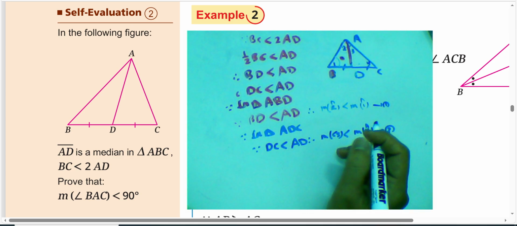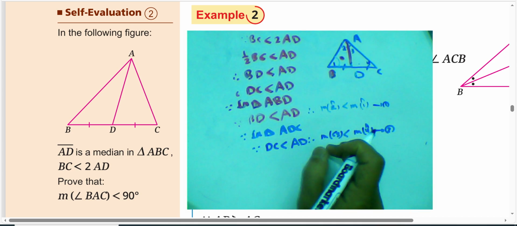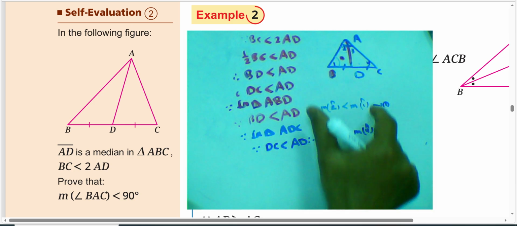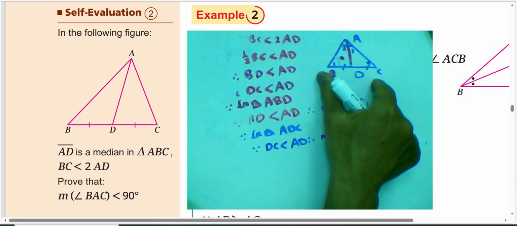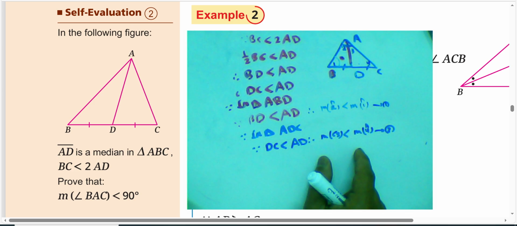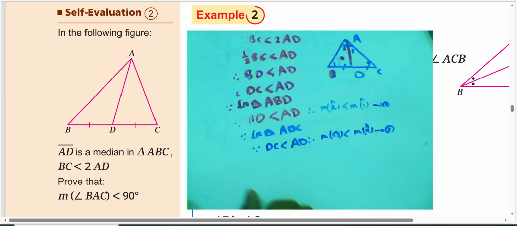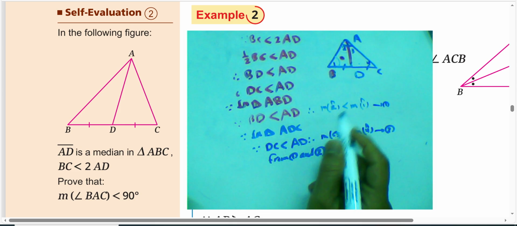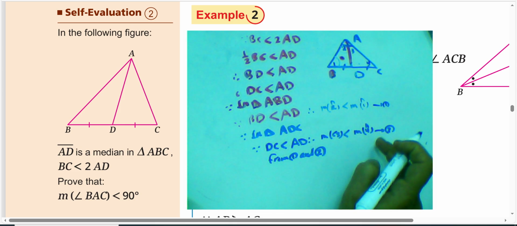Okay, if we collect together 2 plus 3, it will give me angle A, and the summation of 1 and 4 together will be greater than the measure of angle A. We add from 1 and 2, we can collect left hand side by left hand side, right hand side by right hand side.